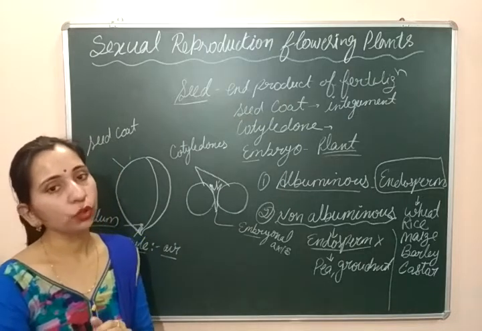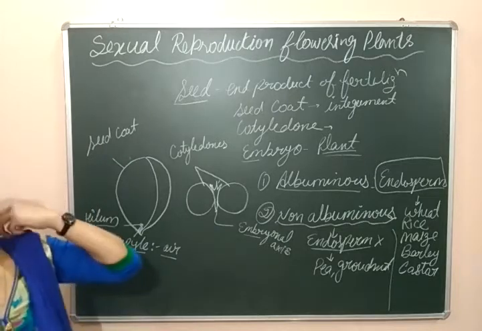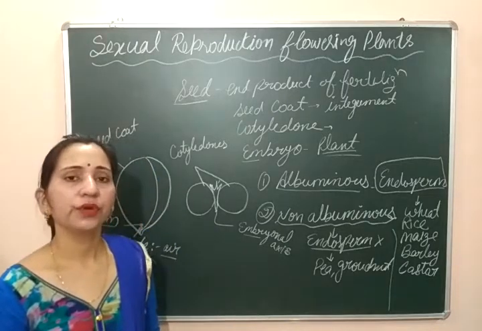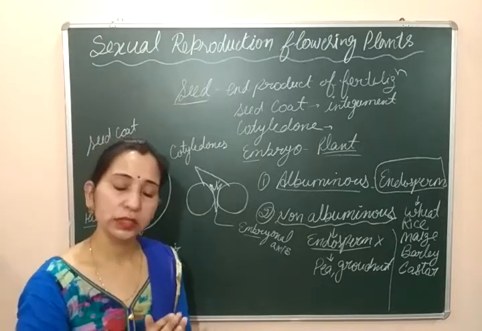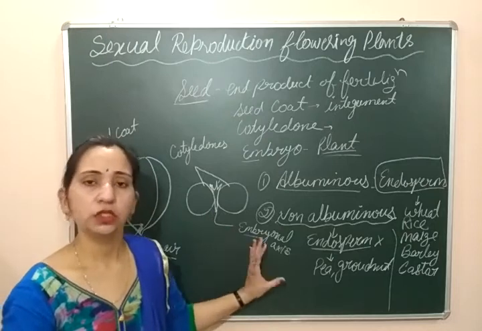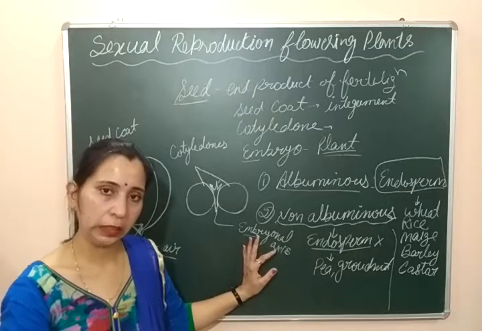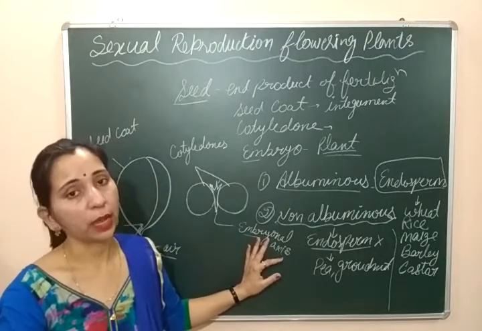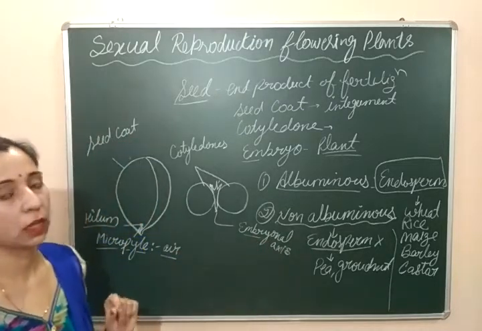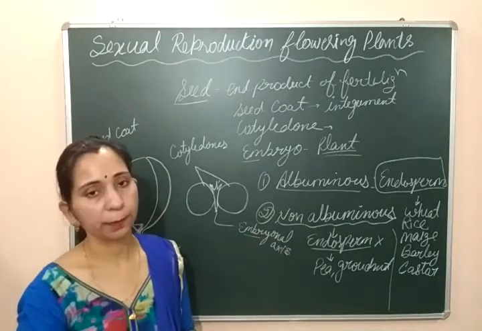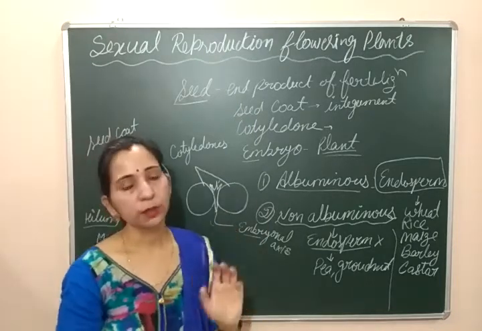On the basis of nucellus, the outer nutritive tissue present in the embryo sac, if nucellus tissues remain persistent in the seed, then such seeds are known as perispermic seeds. अगर nucellar tissues persistent रहेंगे तो उस तरीके के seeds को बोला जाता है perispermic seeds. The examples we have already discussed, that is black pepper and beet. Beet is an example of perispermic seeds.